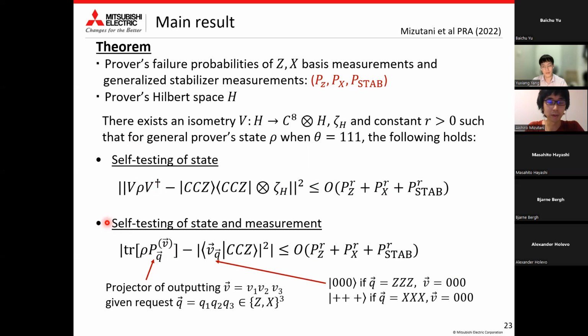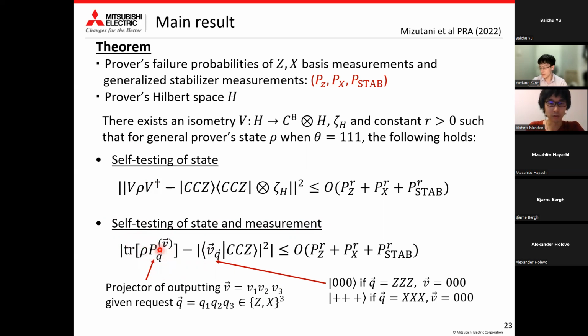As for the result of self-testing of state and measurement, by running the protocol the verifier finds an upper bound on the difference of these two probabilities.